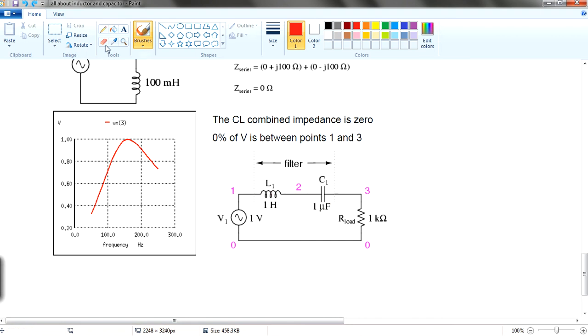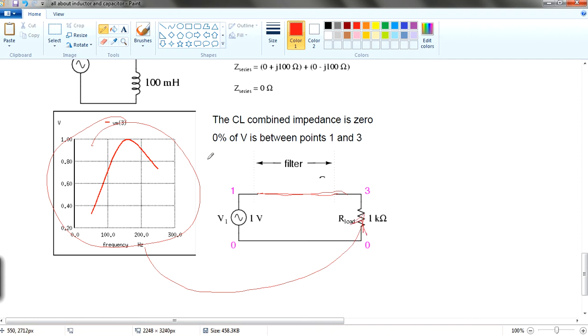So the signal is going to flow through, and all the voltage will flow all the way to the R load, because this thing simulates this R load. What is the voltage across this R load?